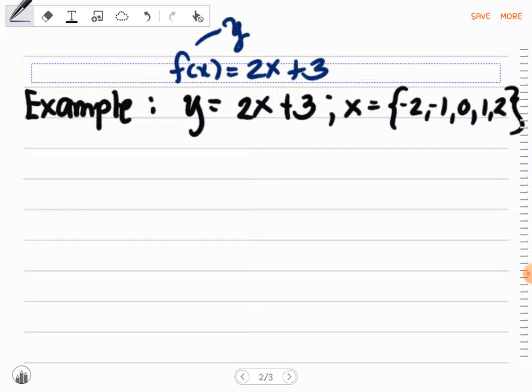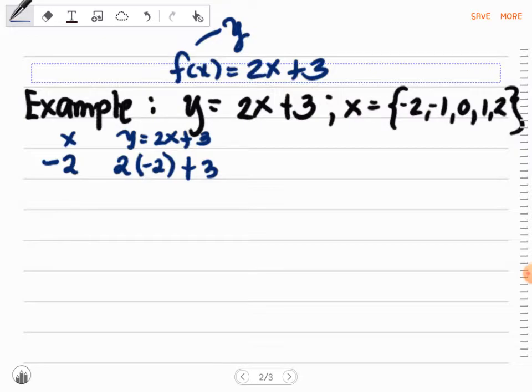First, let's have negative 2 as the value of x. If we solve this one, we have y equals 2x plus 3, right? So we have 2 times negative 2, substituting the value of x in this equation, plus 3.